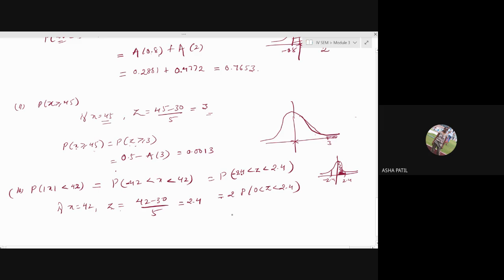So it is 2 times A of 2.4. See how much you get: 0.9836.